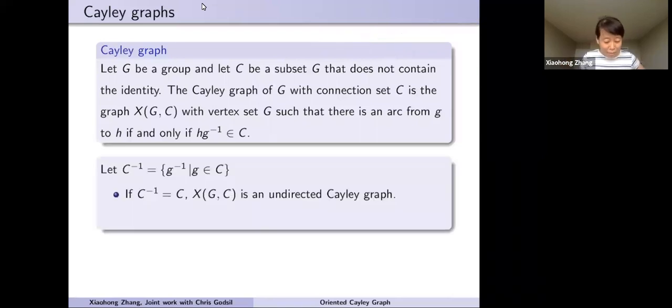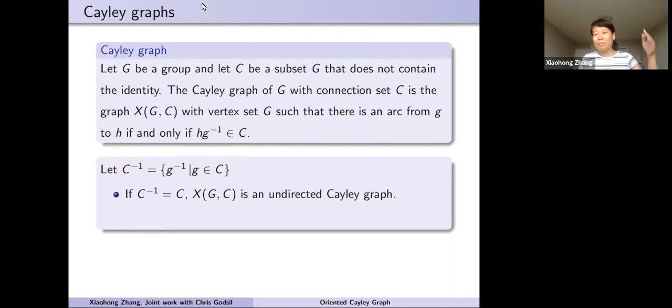Let's check two cases. If we take all the elements in the connection set C and take their inverses, together they form a set C inverse. One case is that the two sets are identical.